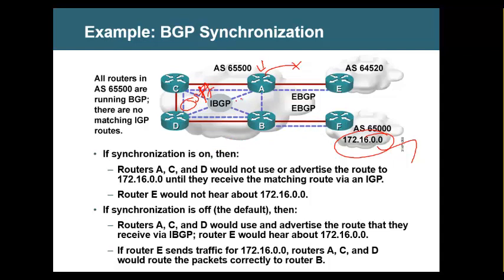OSPF is the protocol of inside. So after the synchronization rule is off, which is the default now, E can send, but earlier E could not send. E could not hear the route, so E could not reach the route. But now E can hear the route, it can send the packets.